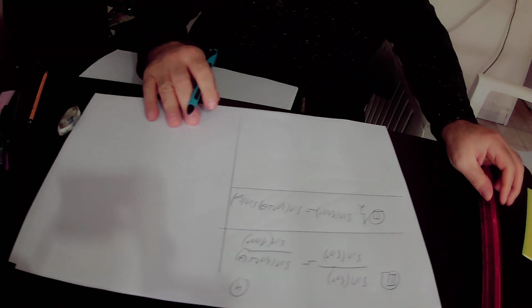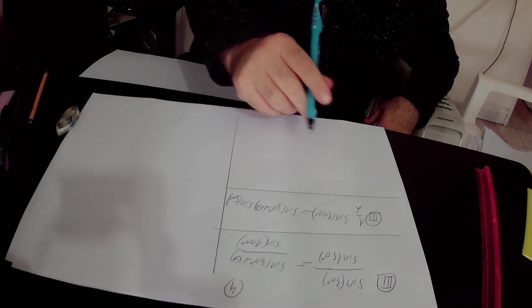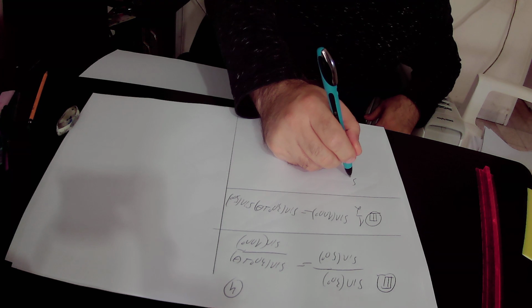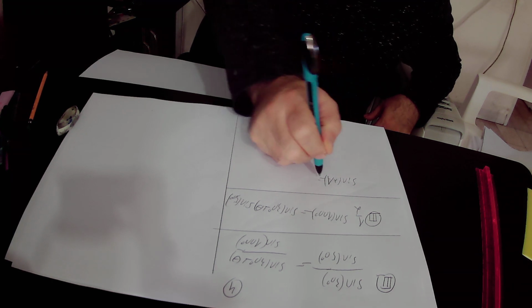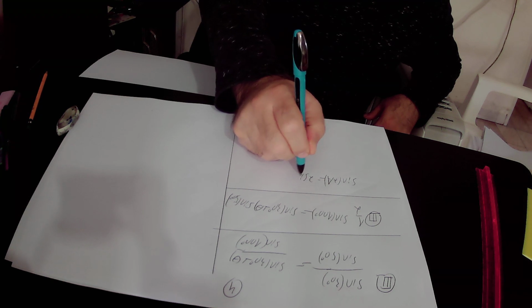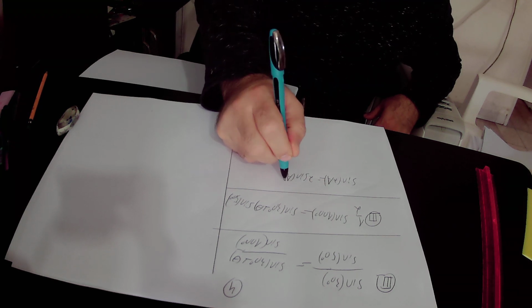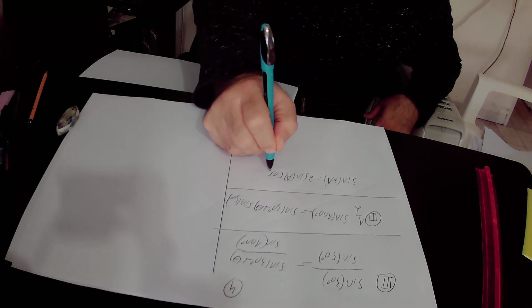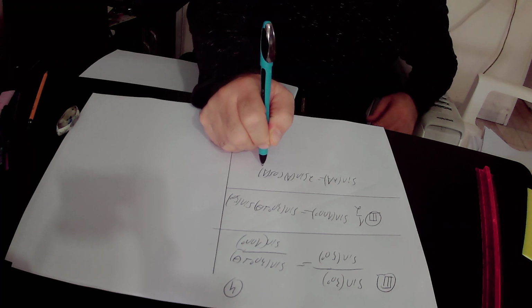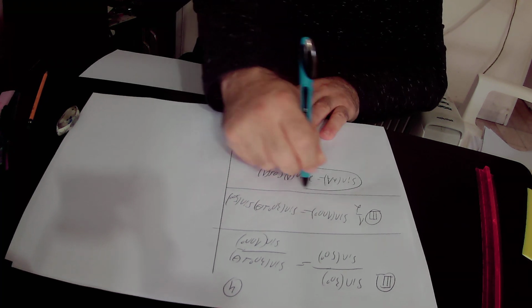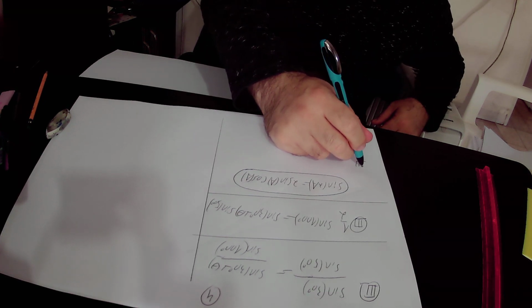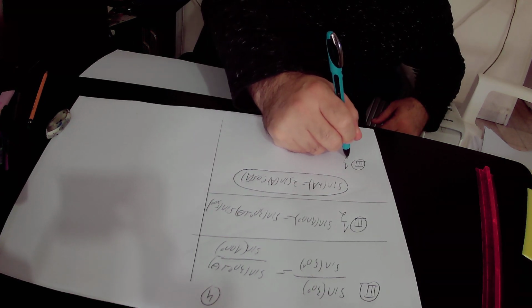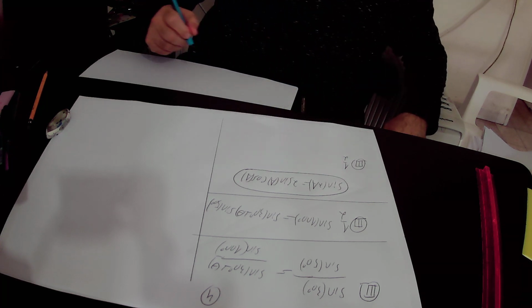Here we will use the trigonometric identity that states that sine 2a equals 2 sine a cosine a. So we will use this trigonometric identity for sine 100 degrees.